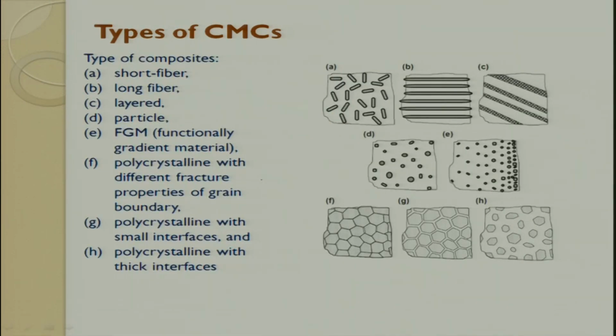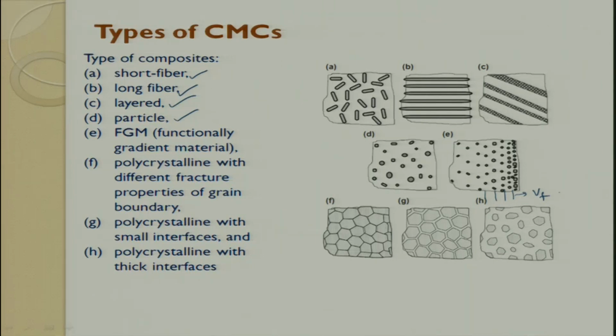So, what are the different types of ceramic matrix composite? It can be short fiber, long fiber, layered, particulate, or functionally graded ceramics. Look at the functionally graded ceramics. If you see layer by layer, the volume fraction of the reinforcement keeps changing.